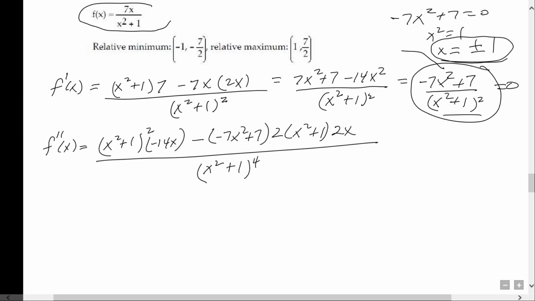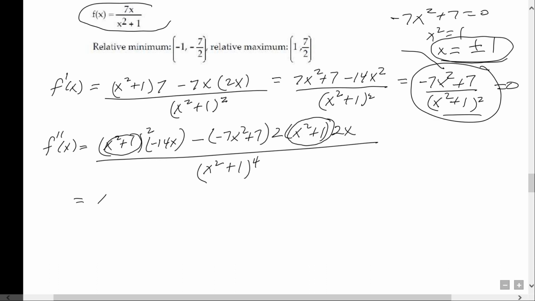Now, simplifying this, notice that we can factor out an x squared plus 1 in the term in the numerator.